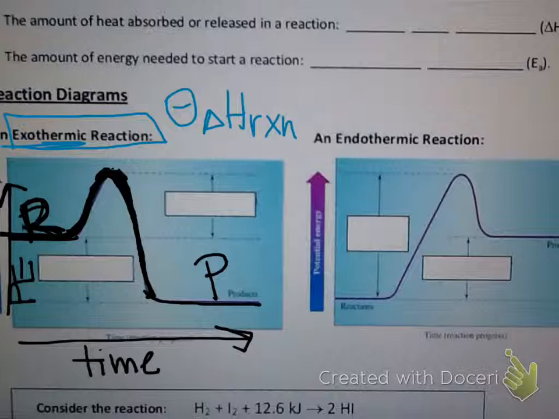Now, we have our product energy, we have our reactant energy, according to the left-hand side of the diagram there. All right. So reactants are always on the left, products are always on the right, just like a chemical reaction. Now overall, if you take the energy of the reactants and compare it to the energy of the products, when you go from reactant to product, if you go down in energy, see how we went down in energy?